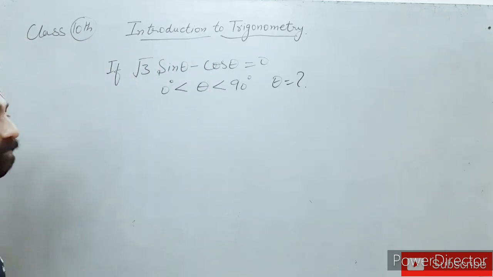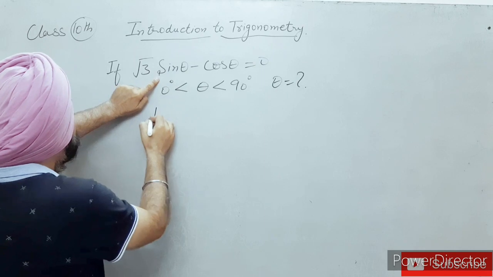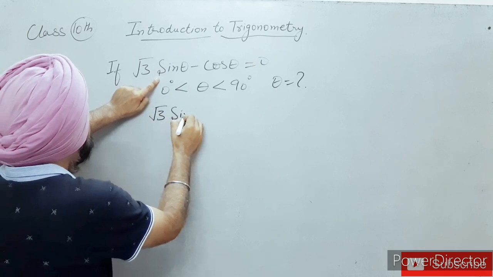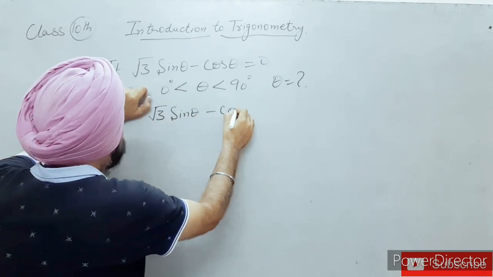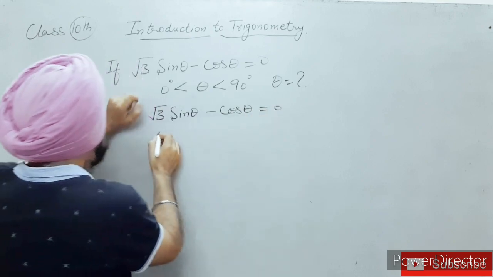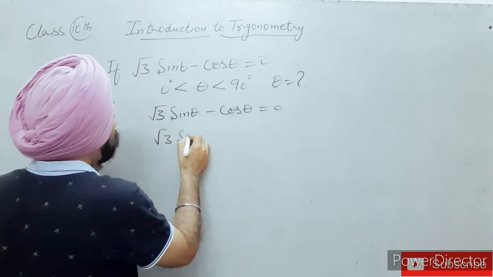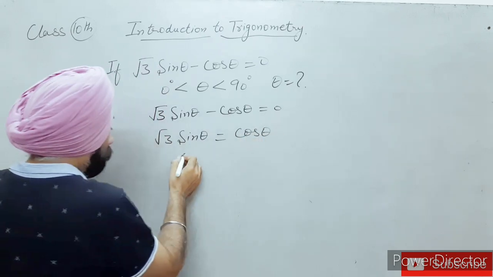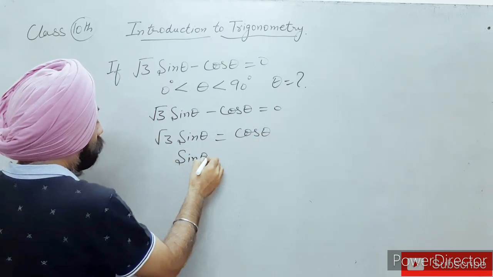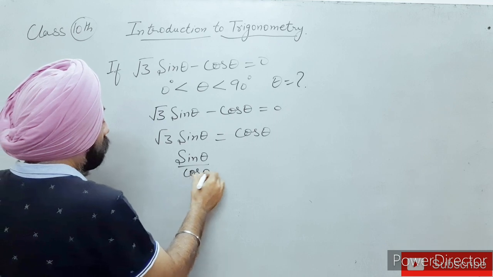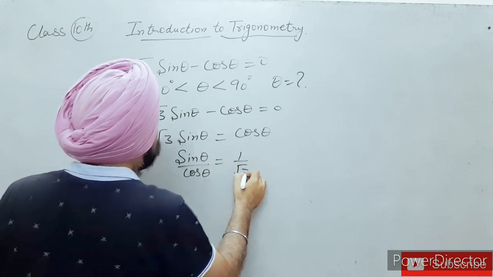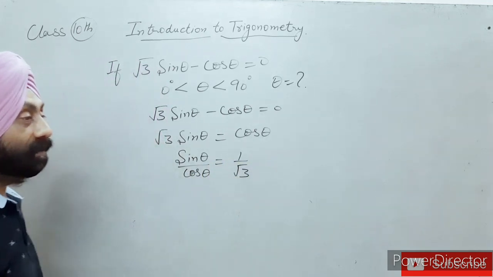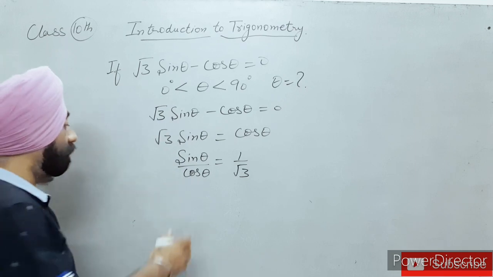It's just an oral sum. It is written as under root 3 sine theta minus cos theta equals 0, under root 3 sin theta equals cos theta, or sin theta upon cos theta equals 1 by under root 3. Just shuffle the terms. Now what is sin theta upon cos theta?